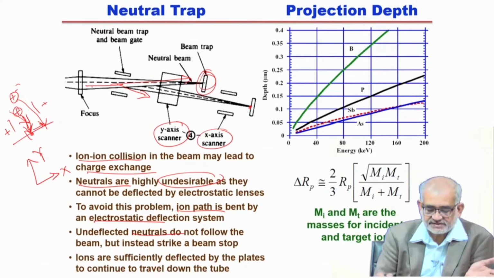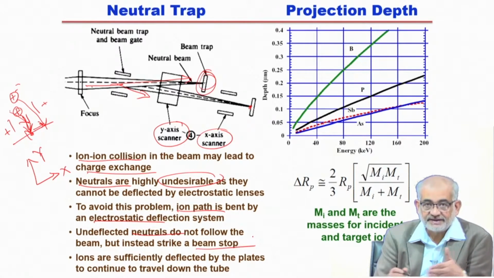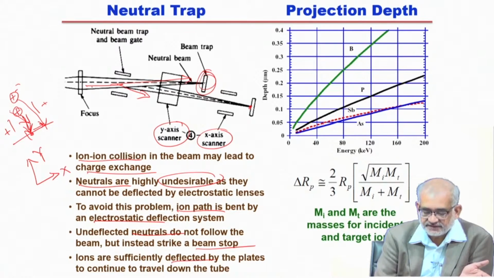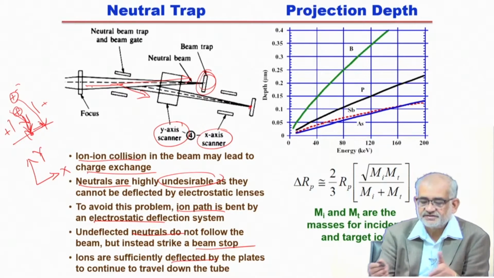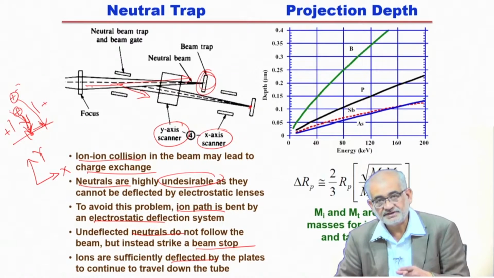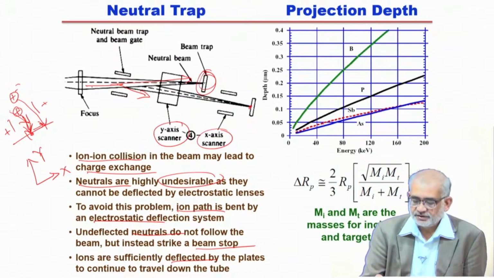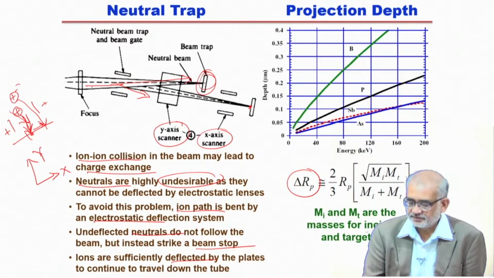So the neutrals, as I told you, are led to the beam stop and they are not a part of the implantation process. And the deflection by these electrostatic lenses is sufficient to make them be incident on the spot you want. So this stopping depends both on the mass of the incident and the target ions.